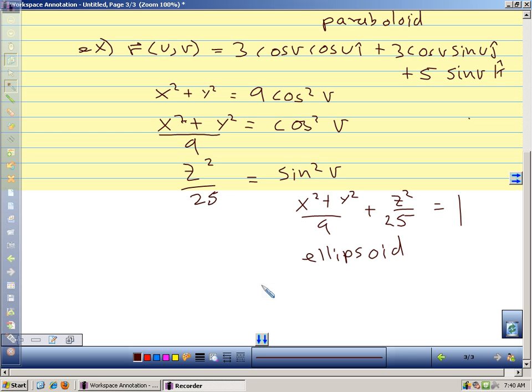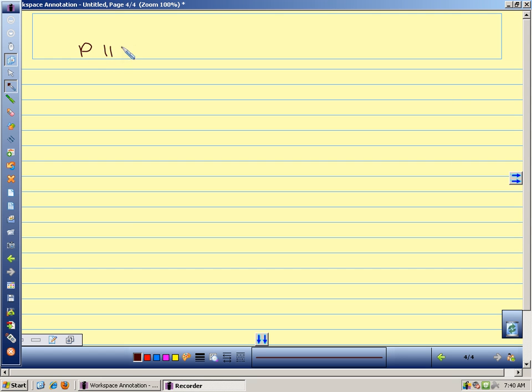All right. Now we're back on page 1105. Let's look at a few more of these, and then we're done. So let's look at number 9 through 12.